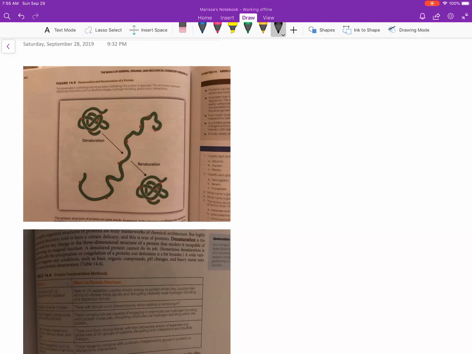Okay, so last time I said we were going to talk about the denaturing of proteins starting today. So we talked about the primary, the secondary, the tertiary, and the quaternary structures. Now, when we're talking about the denaturing of a protein, we're talking about the disruption of those stabilizing interactions that we saw.